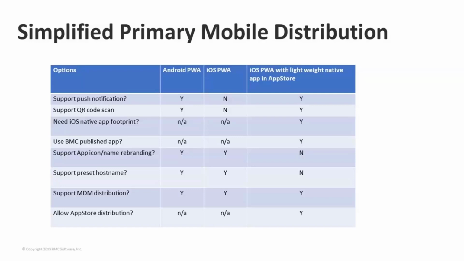There is no need to install an application footprint on the device, so that is no longer applicable. You don't really have to take the app and publish it to an app store or Play Store. That is also not applicable because it is a progressive web app that you are accessing from the browser.